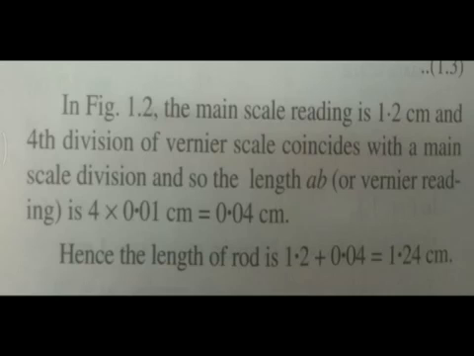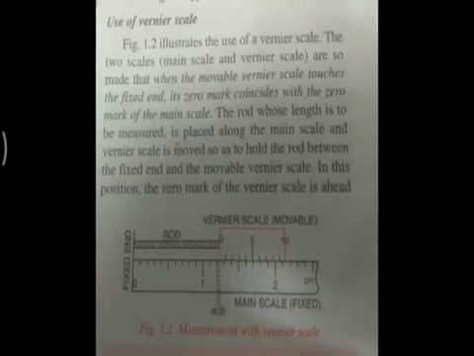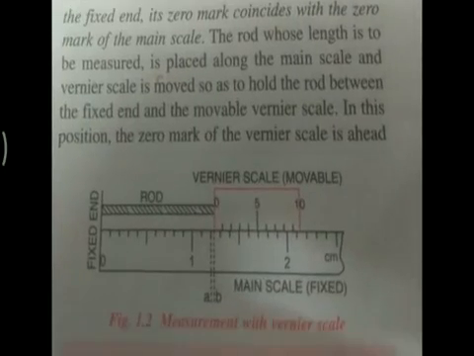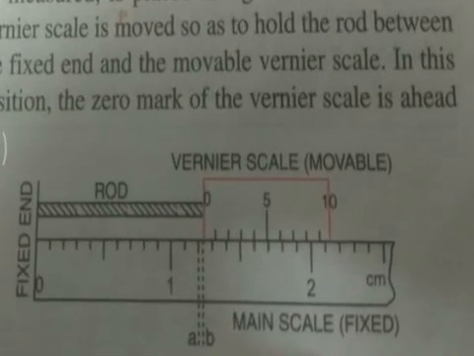In this way we will calculate the readings, right? So first you need to understand what you need. You need the main scale reading. For the main scale reading, you need to see where the vernier scale 0 is coinciding, right? Where the 0 is. Now it is clearly visible from the diagram that it is in between 1.2 and 1.3, right?